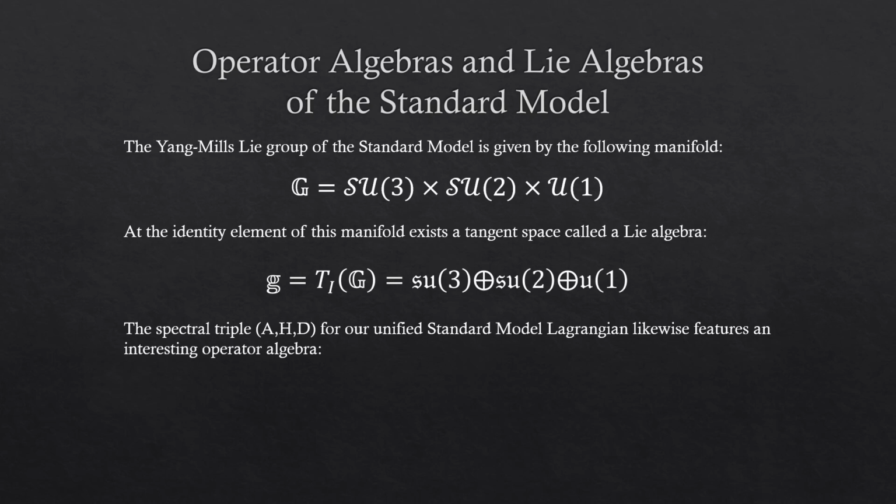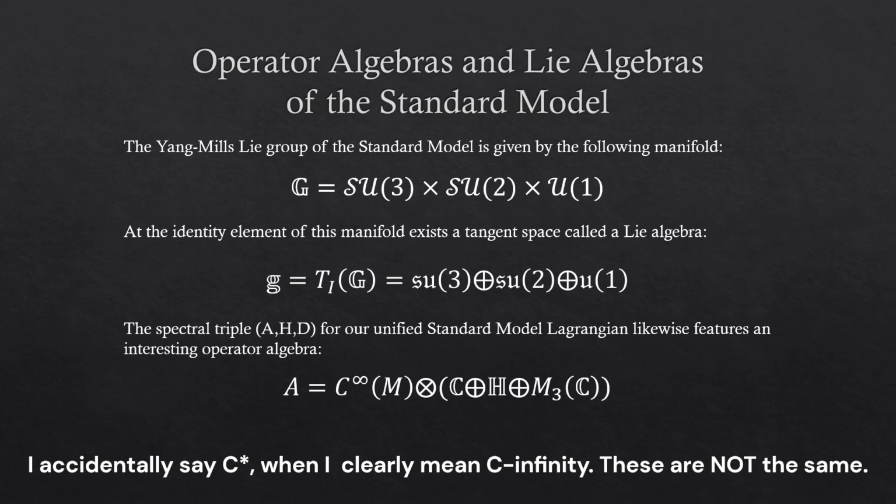And this operator algebra A is actually quite interesting, because within it we have C^∞(M), a particular C-star algebra of continuous functions over a manifold M. And then we have this finite, generally non-commutative algebraic extension with the complex numbers, the quaternions, and the rank 3 complex matrices.